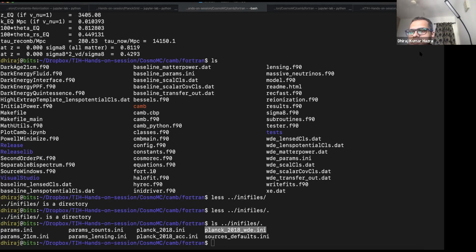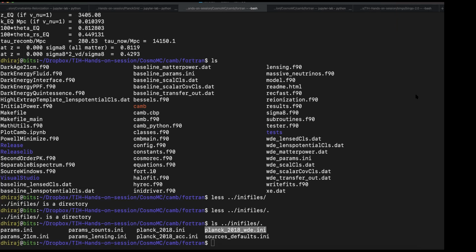Means go to ini files and do an ls and show me what you are getting. No, you have to go to ini files. You go to ini files, not here. CD to ini files. I am in ini files.